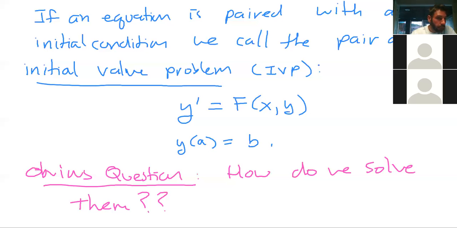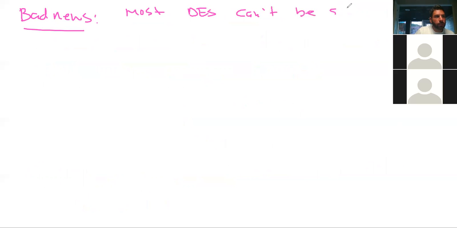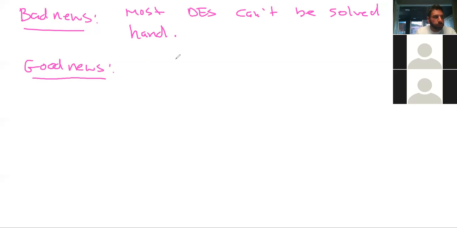Okay, so there's some good news and some bad news. The bad news: most differential equations can't be solved by hand. What's the good news? Well, there are two pieces of good news.